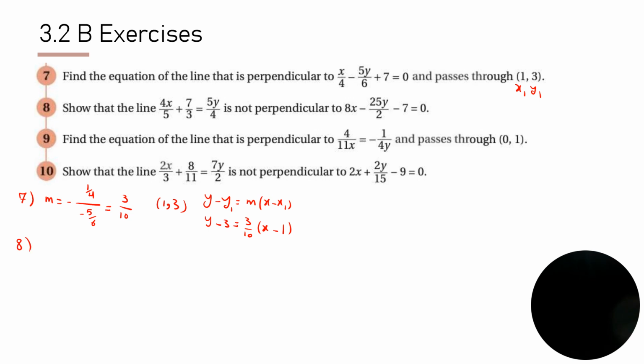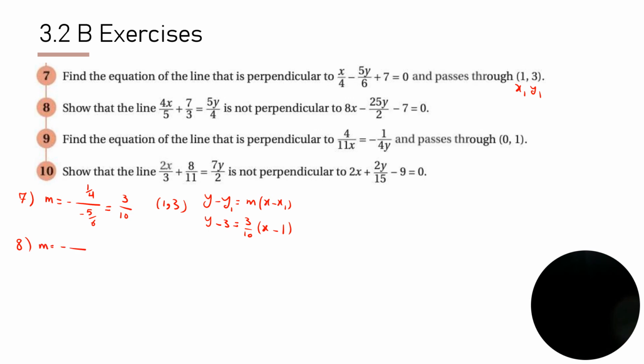Question 8. Show that the line 4x over 5 plus 7 over 3 equals 5y over 4 is not perpendicular to 8x minus 25y over 2 minus 7 equals 0. Find the gradient of each one, multiply the gradients, and show that the product is not equal to negative 1.